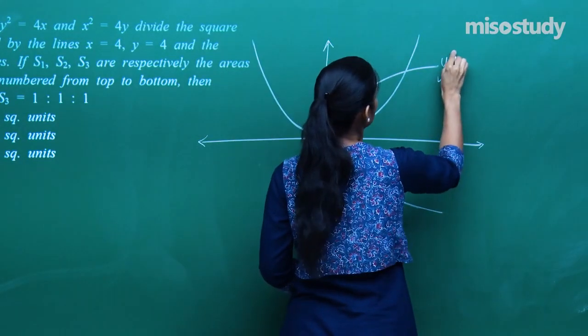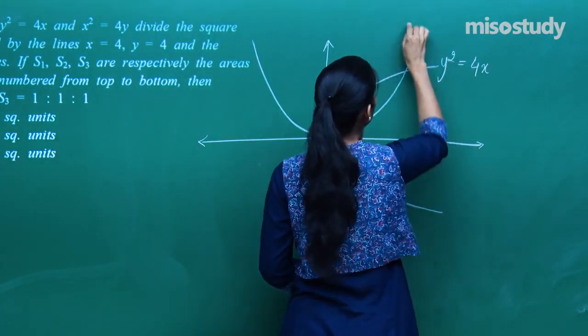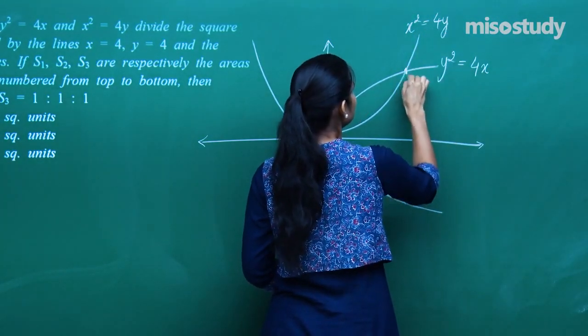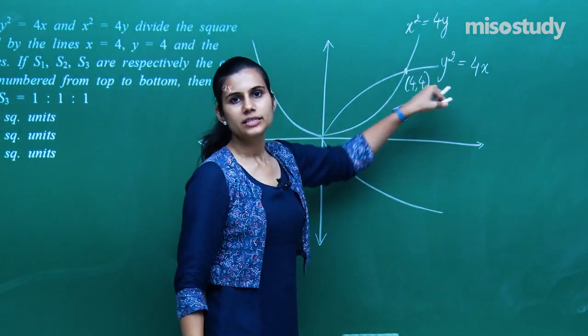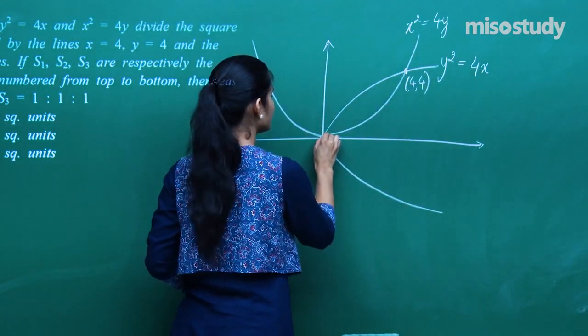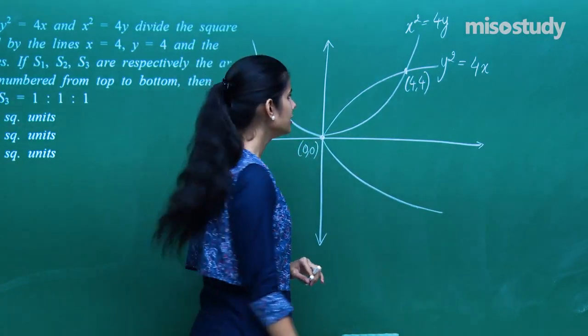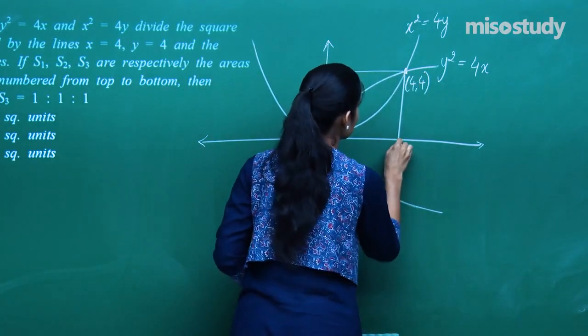So, this is y square equals 4x and this is x square equals 4y. This point is 4, 4. You can check these two are going to intersect at 4, 4 and at 0, 0. Clear?